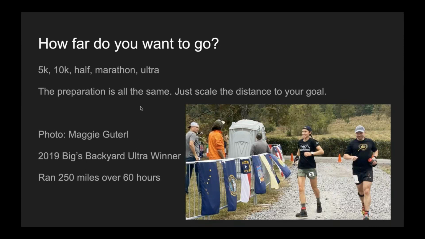This is a picture on the right of Maggie Guttural. She won the 2019 Big's Backyard Ultra, which is an ultra race where every hour you have to run 4 miles. And if you don't complete 4 miles before the hour's over, then you have to drop out. And so this race just goes on and on and on. And so she won by running over 250 miles over 60 hours in a row.